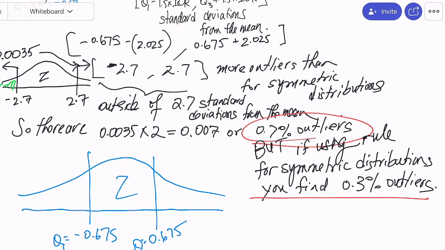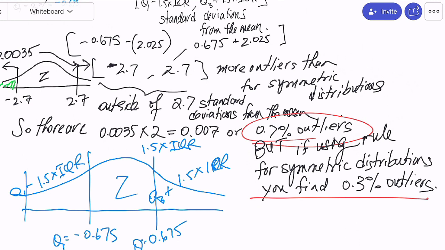And then what we did was we created the 1.5 times IQR rule by adding 1.5 times IQR to Q3, and we subtracted 1.5 times IQR from Q1, and you ended up back here and over here.